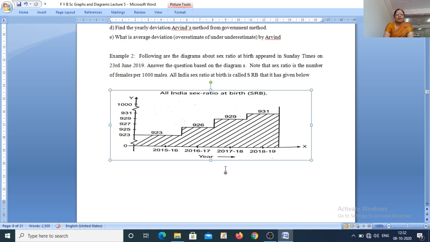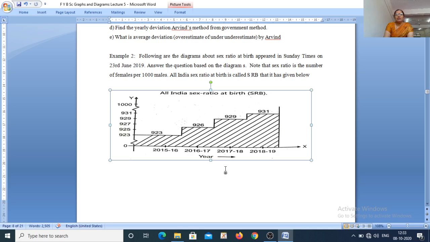From the year 2015-16, then 16-17, 17-18, 18-19, for these 4 years the sex ratio is given like this. Can you see the sex ratio is gradually increasing. Why is it so?